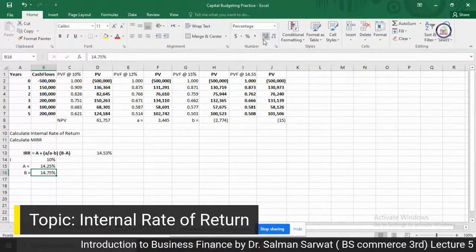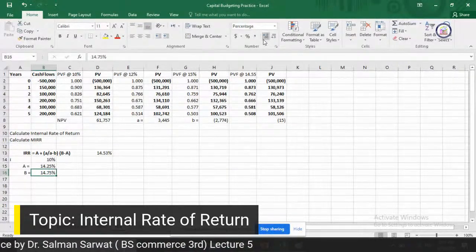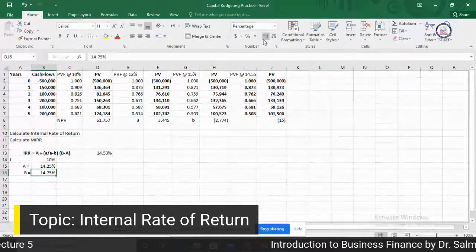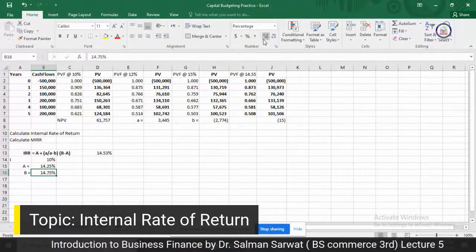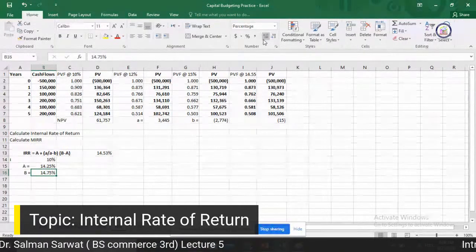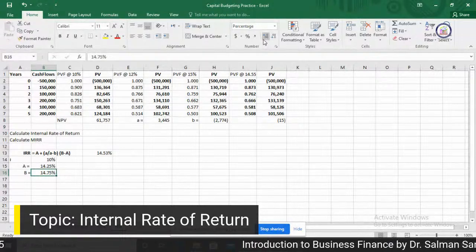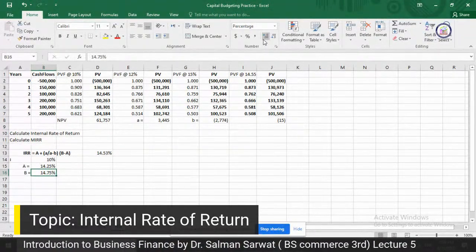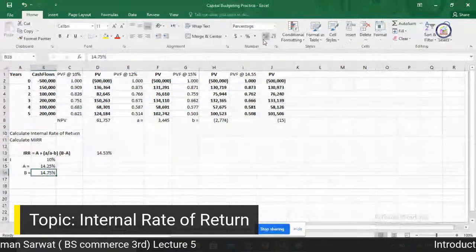In it, we apply different interest rates to reach zero NPV. In doing so, if we get one positive NPV and one negative NPV, we will use the interpolation method, which can calculate an almost accurate IRR.